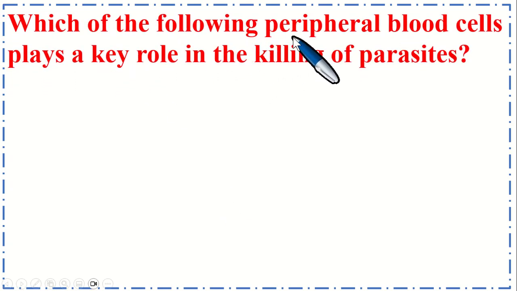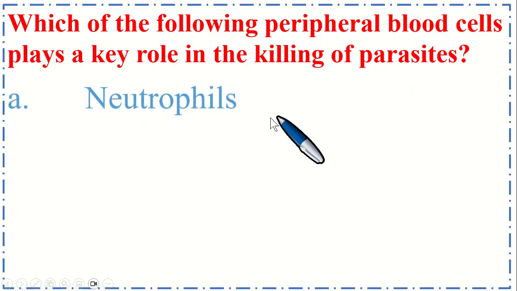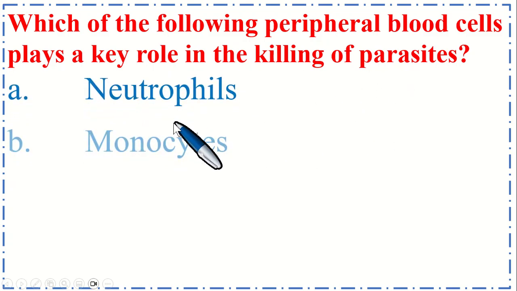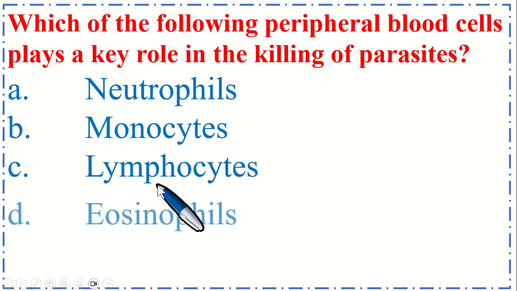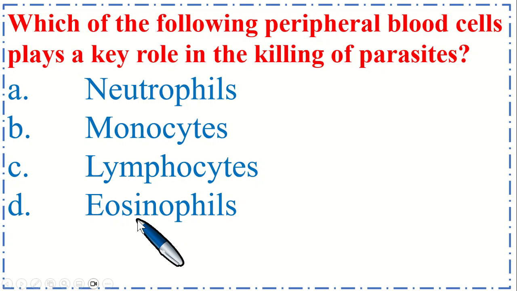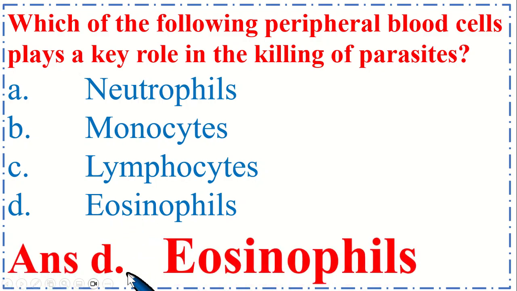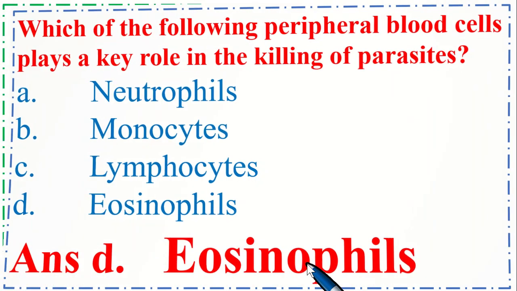Which of the following peripheral blood cells plays a key role in the killing of parasites? Option A, neutrophils. B, monocyte. C, lymphocyte. And option D, eosinophil. So the correct option is D, eosinophils.